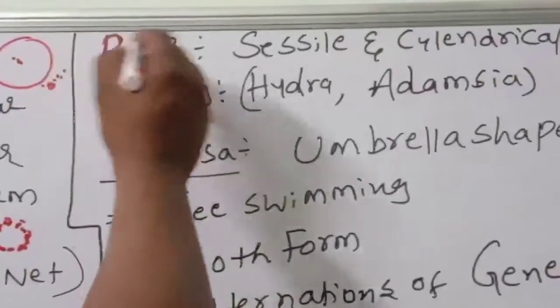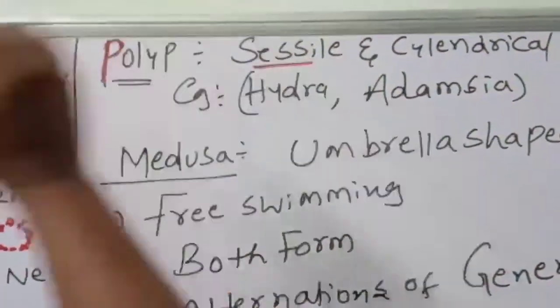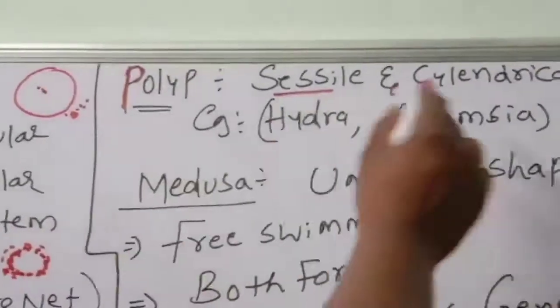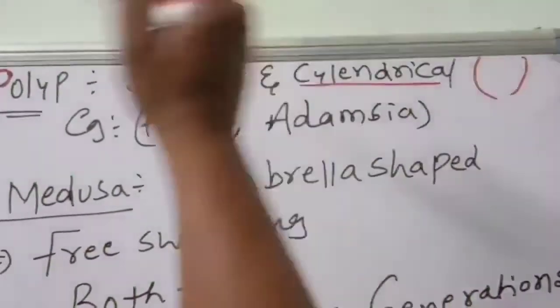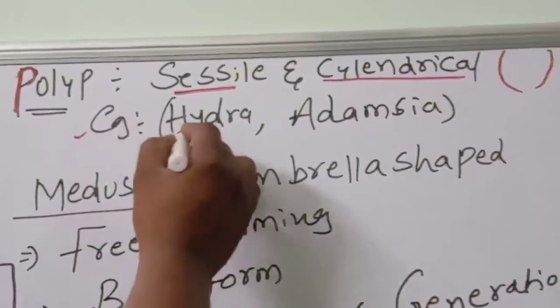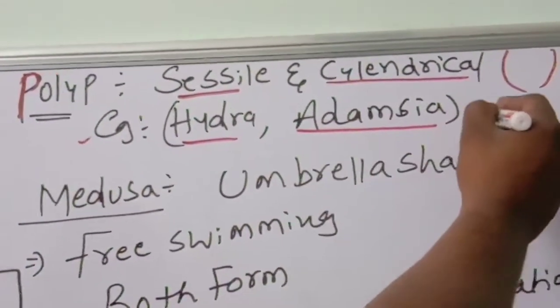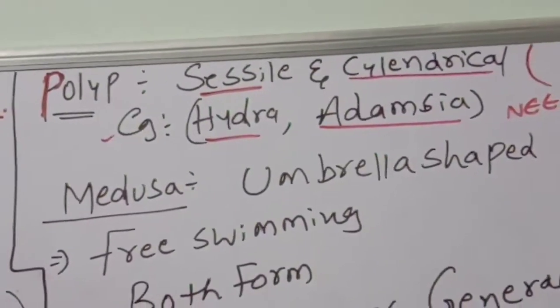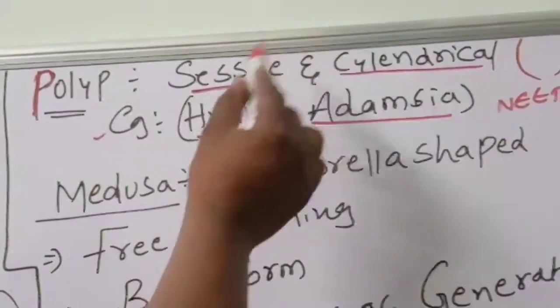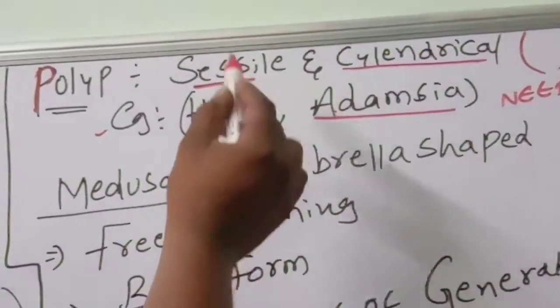Polyp form of the cnidarians is sessile. They can't move, and their shape is cylindrical. Examples: hydra and adamsia.